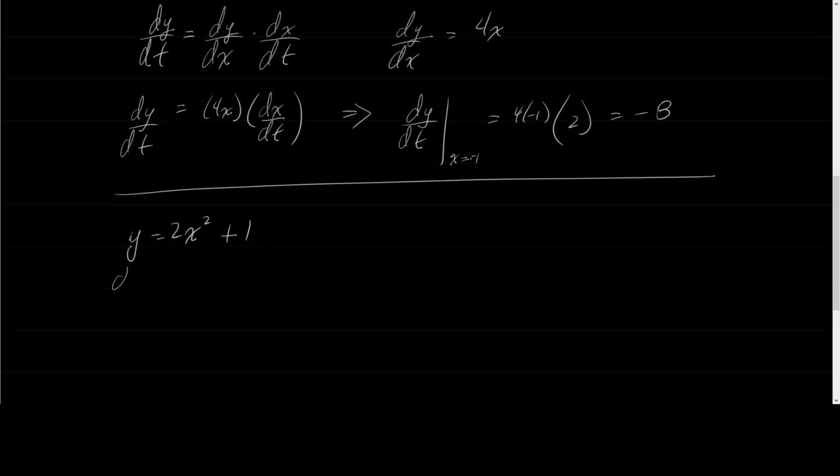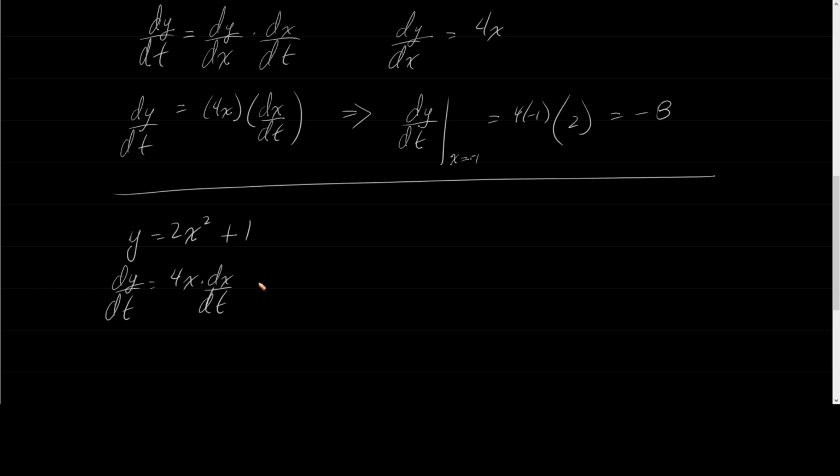So in here, when I go and find dy/dt, I'm taking the derivative with respect to t. Well, I know that x is a function of t, so what we can essentially do here is treat this as implicit differentiation. So I take the derivative, and I end up with 4x times dx/dt. So essentially, whenever I take the derivative of a function of t, I multiply by dx/dt.